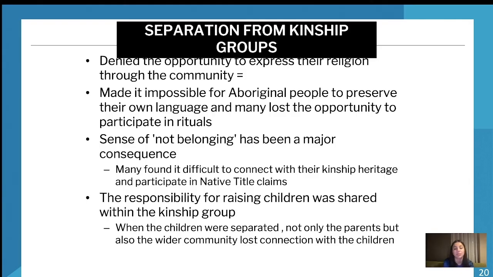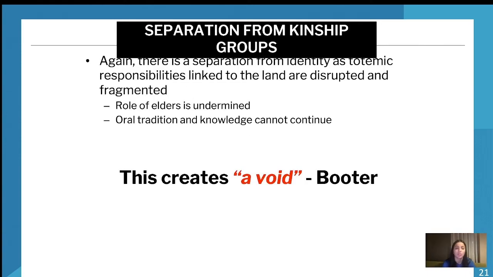Many found it difficult to then reconnect with their kinship heritage and participate in the native title claims because they had been away from it for so long. And the responsibility for raising children was also shared within the kinship group. So when the children were separated, the parents, but also the wider community, lost connection with the children. So it was affecting everyone, and that's separation from kinship groups.